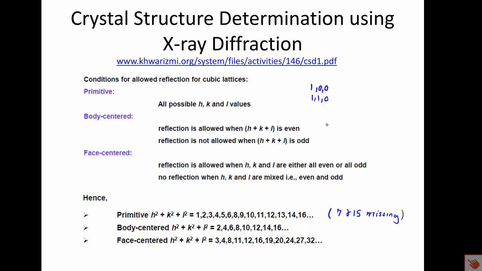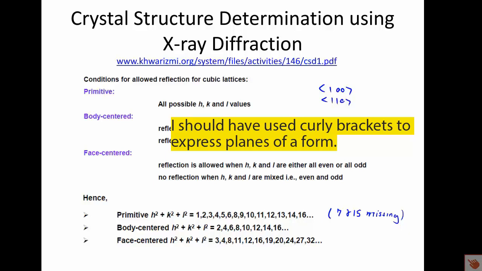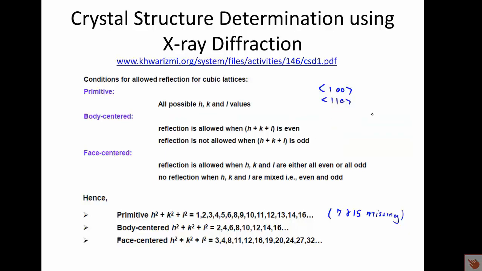Let me write these in properly. So here we had 1, 0, 0, 1, 1, 0, etc. Over here, for body-centered cubic, H plus K plus L must be even.